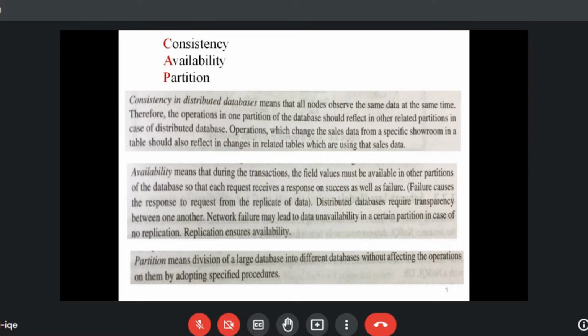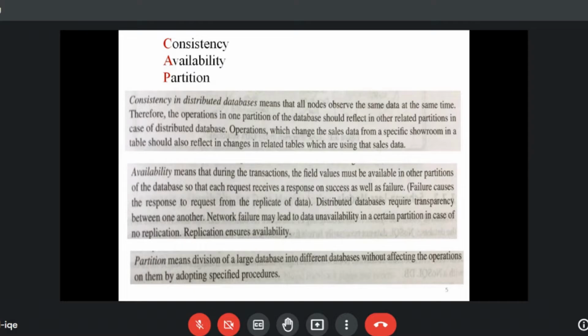Therefore, the operations in one partition of the database should reflect in other related partitions in case of a distributed database. Operations which change the sales data from a specific showroom in a table should also reflect in changes in related tables which are using that sales data.